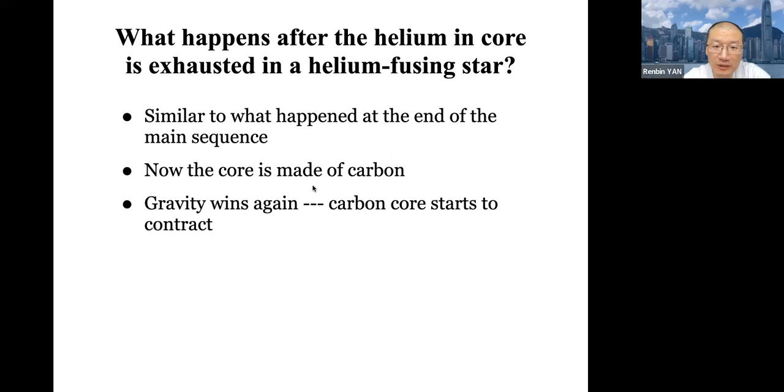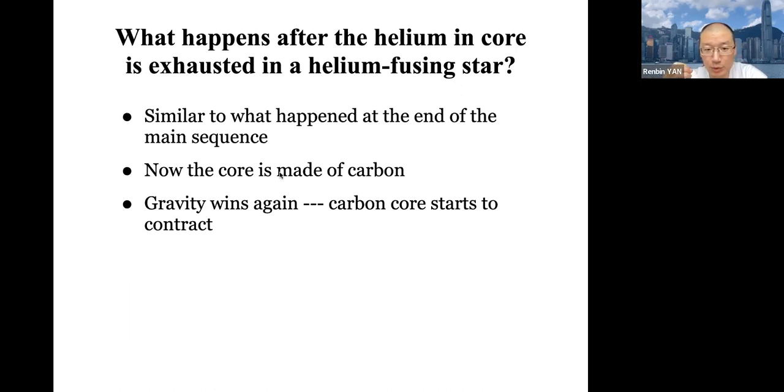And then when the core is completely made of carbon, it cannot start fusing the next thing yet, because it has to have a much higher temperature for that to happen, right? You need a much higher temperature for carbon fusion, because carbon has a much higher electric charge in the nucleus.